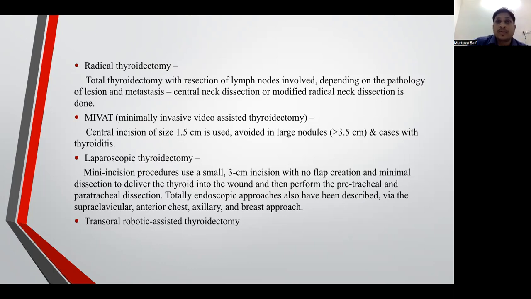Then total endoscopic approaches have also been described: the supraclavicular, anterior chest, axillary and breast approach. So it is according to the surgeon's choice.